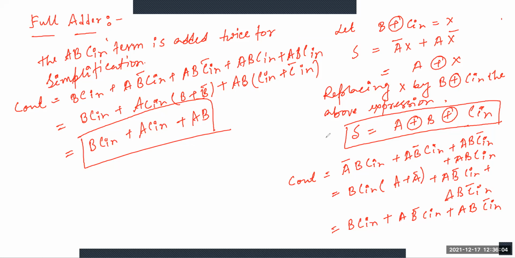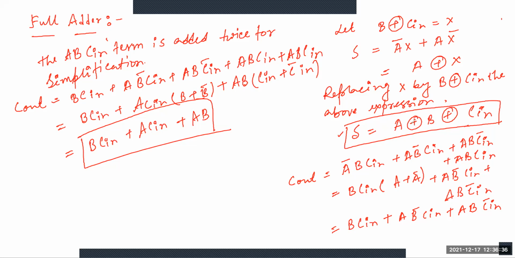Okay, so this is the expression for sum and this is the expression for carry out. For this sum expression you can easily understand to perform the sum what are the gates actually needed. To get this expression, what gate actually needed?